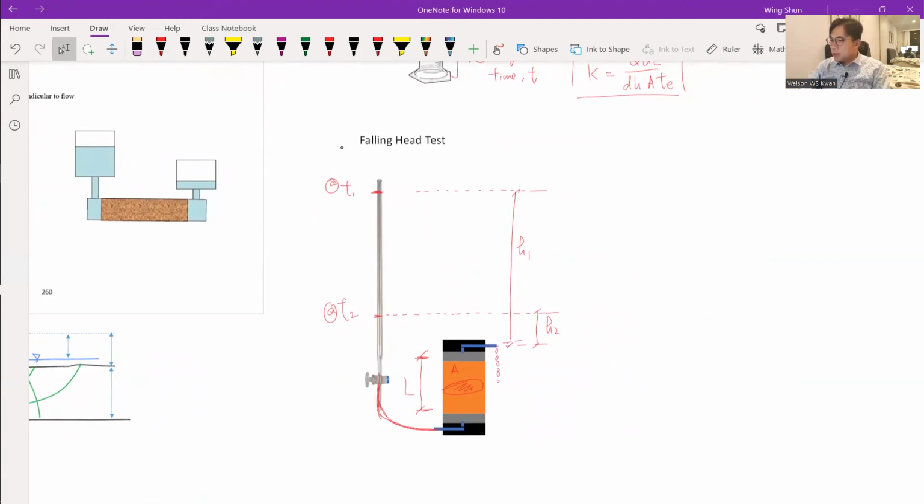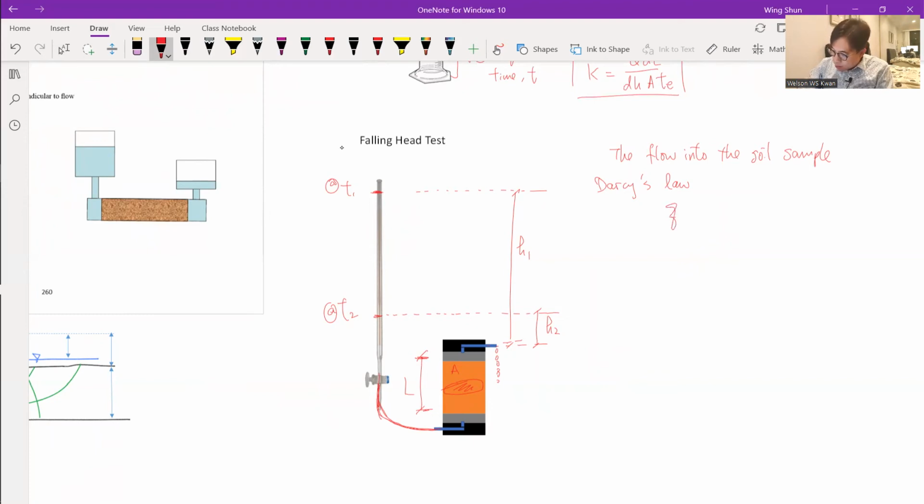We consider the flow into the soil sample. We consider the amount of water going into the soil sample through the pipette.